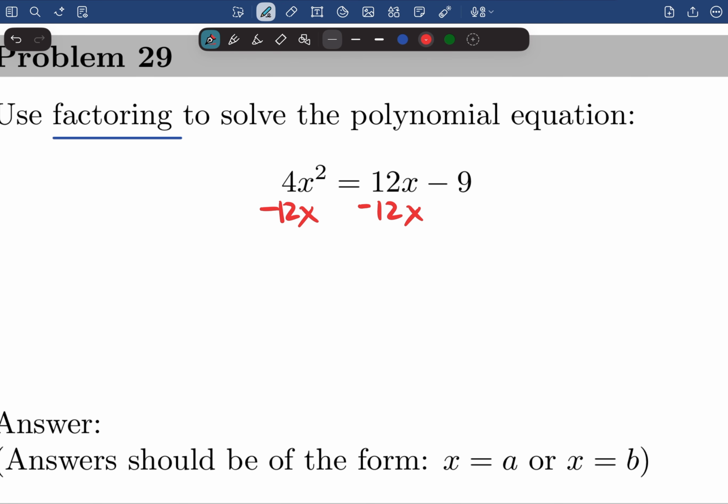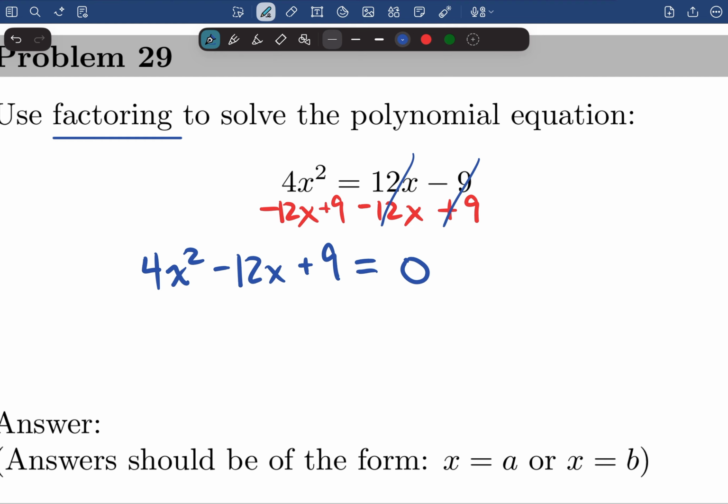And so I'm going to subtract the 12x and add the 9 from right to left. That way this stuff cancels, that stuff cancels, it all equals 0, and I get a 4x squared minus 12x plus 9. That's the trinomial that equals 0.